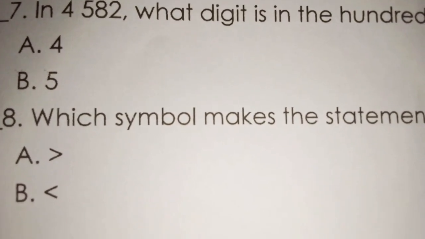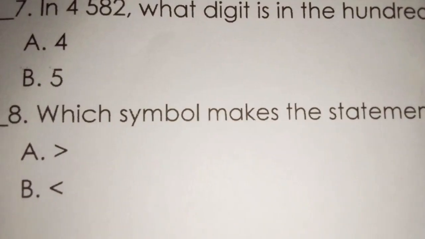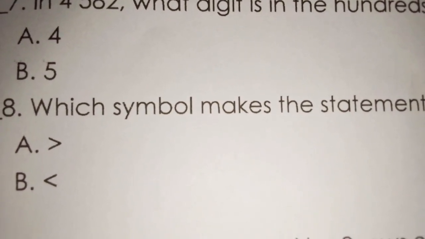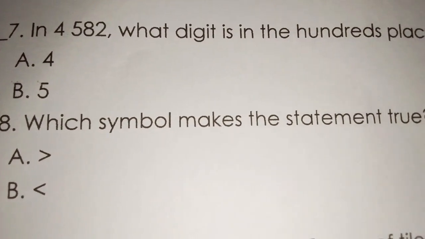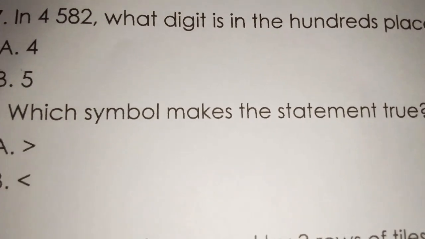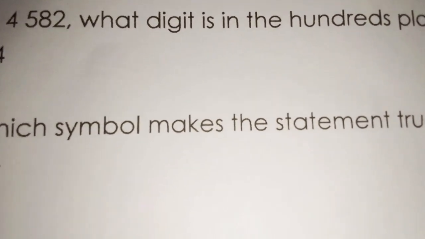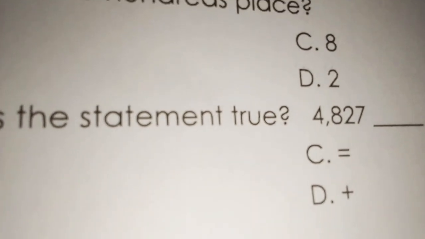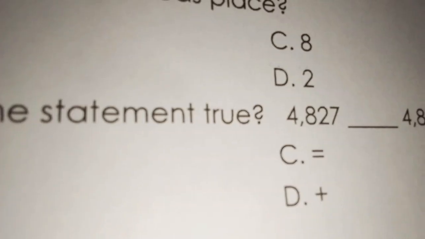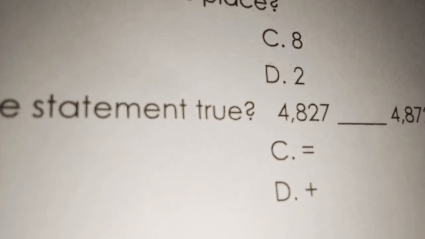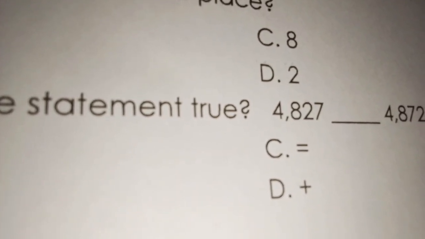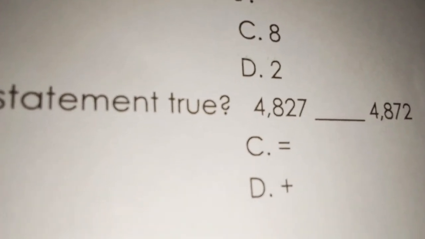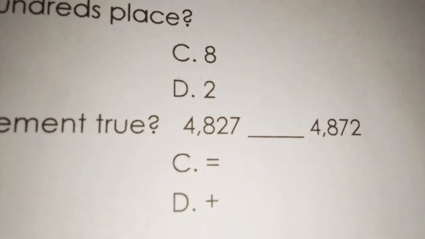Sorry for that unusual sound. Okay, so number 8, which symbol makes the statement true? Again, which symbol makes the statement true? So we have 4,827 and a blank between that and the next number, 4,872.